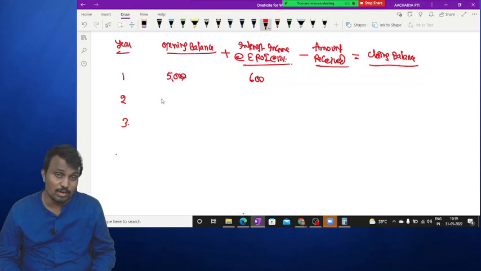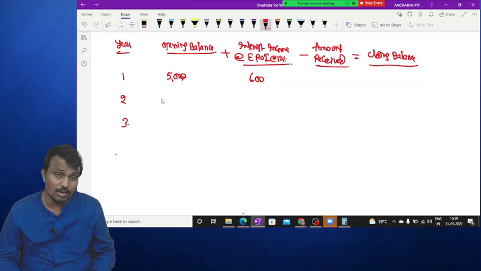Then the second one, at the end of the year we recognize the income. How to recognize? Based on the effective rate, and that will be added to the cost of the investment. Then we have to write: debit investment account, credit interest income account. What is the interest for the first year? 600 at the effective rate.